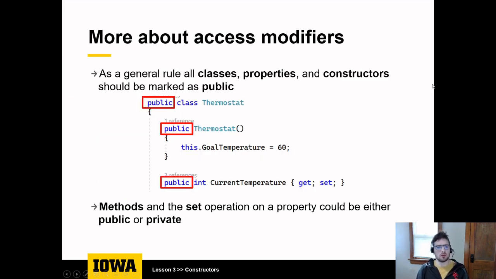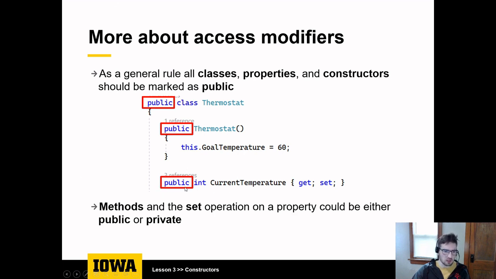Okay, so a few general rules I want to say to you about access modifiers is that classes, properties, and constructors should all be marked as public. So here's your class, public; constructor, and then public property.